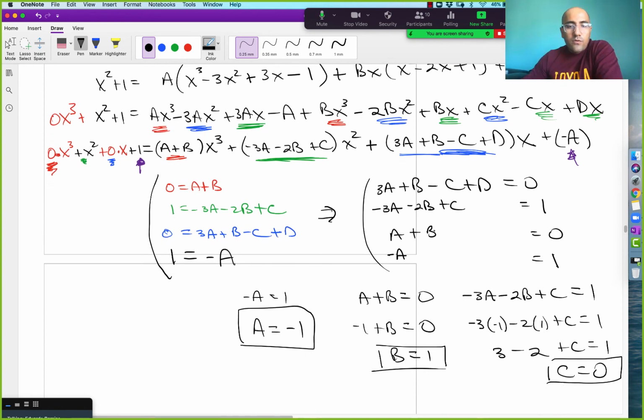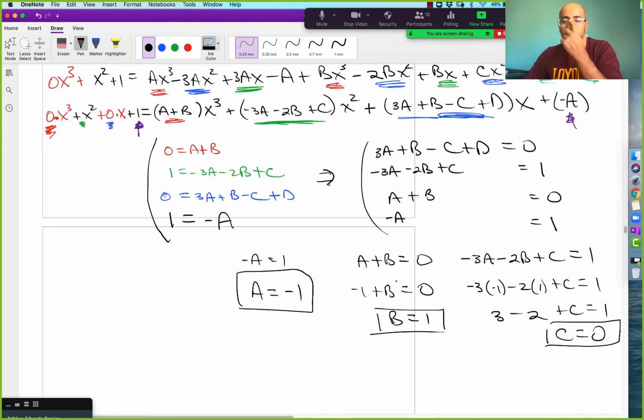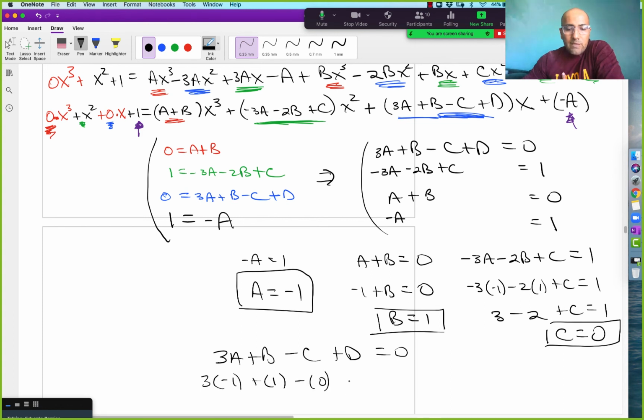And finally, we can go to our last one. Hope I didn't make a mistake. These things are so long, you make one tiny little mistake and then the whole thing unravels. So hopefully we haven't made a mistake yet. And then finally, looking at that first equation, 3A plus B minus C plus D equals 0. And we have that A was negative 1, plus B was positive 1, minus C was 0, plus D equals 0.